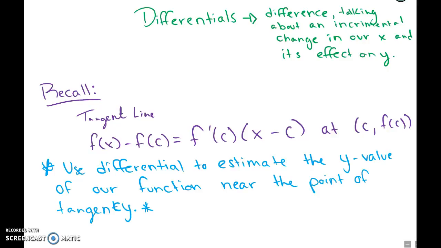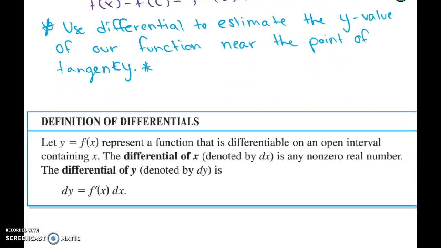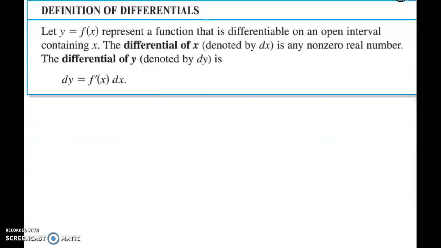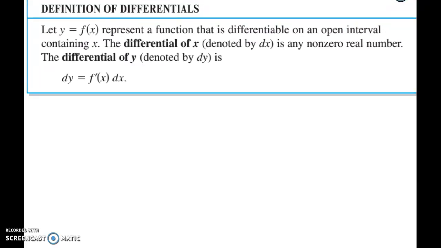Coming right up is the formal definition from your book of a differential, and we're going to look at how that comes into play here in just a moment. So, your book's definition of a differential in math speak says let y equal f of x, so y is our function, f of x, represent a function that is differentiable on an open interval containing x.